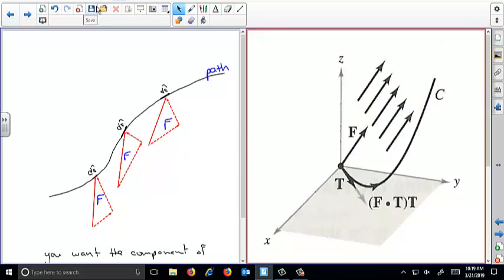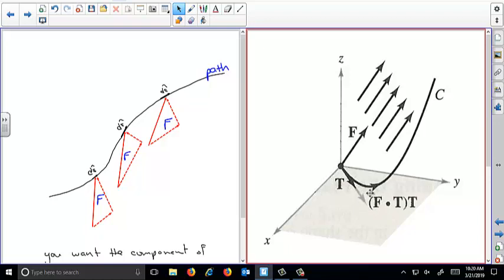So this is a graphical representation of a curve in space. This would be the force vector, and this is showing this force vector is, in this case, it looks like it's constant. So what you would do is, this T is the unit tangent vector, and what we want is the component of this force in the direction of the unit tangent vector.